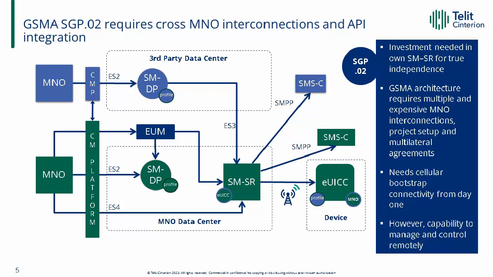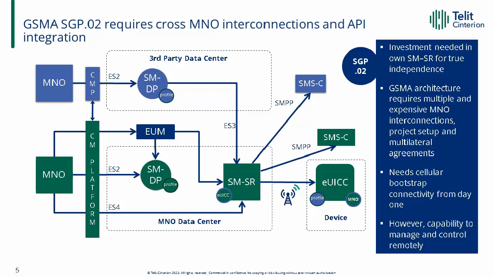So that means you need to put some investment in order to become independent from the operator or from some other service provider, right? And the other challenge is you can see each of the SMDP needs to be connected to the SMSR through the interface ES3.